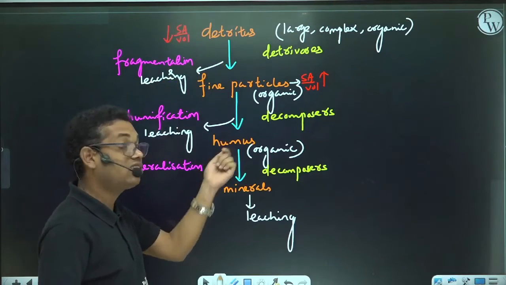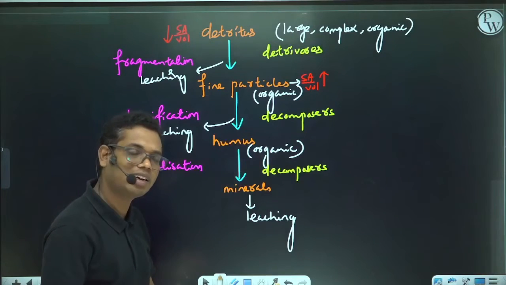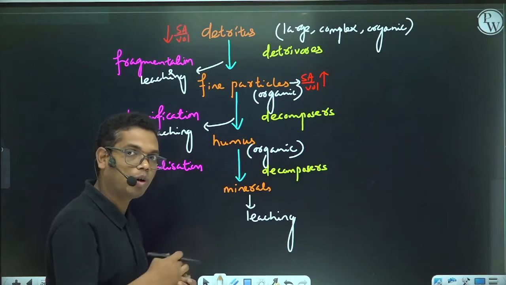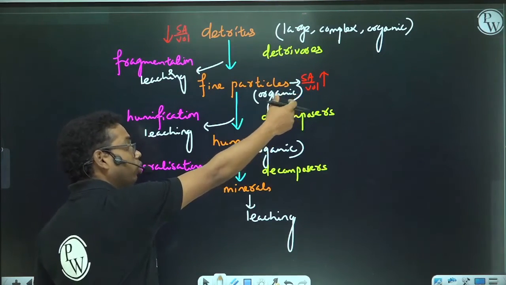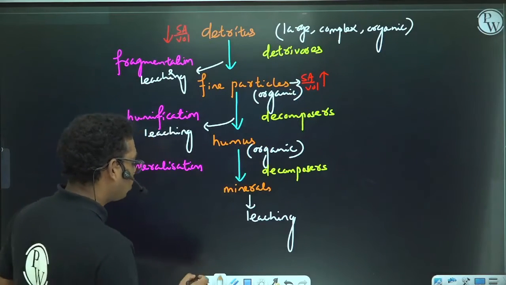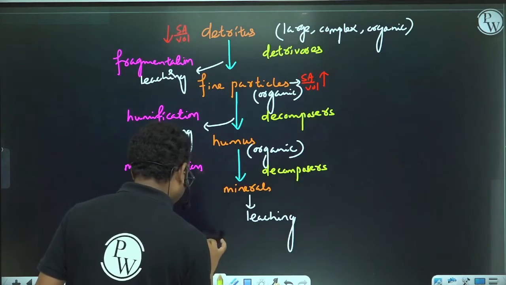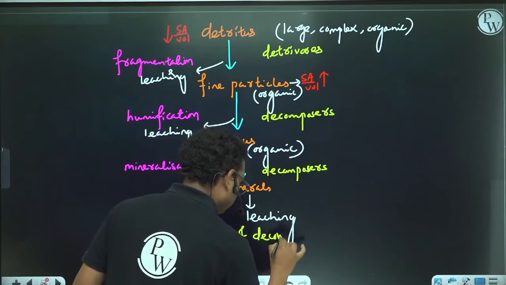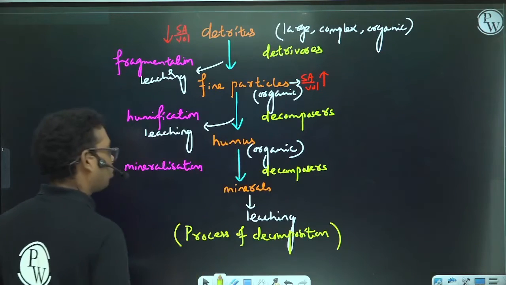So the digestive enzymes released from the decomposers cannot act upon them easily, and that is why they have to be small in size, so that the surface area to volume ratio will be high, and so that the enzymes will act upon them easily. Clear? So this is the process of decomposition.